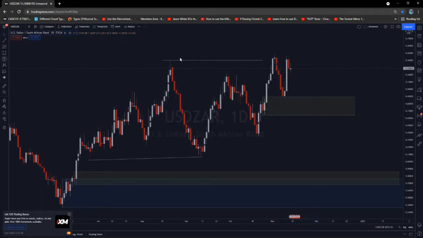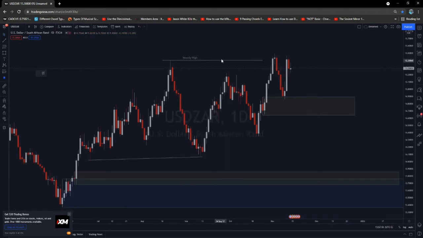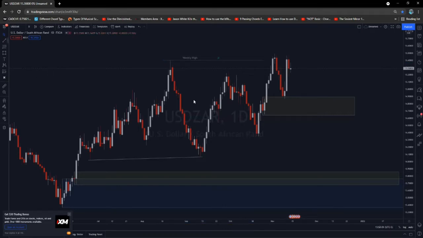Let me just label this as a weekly. Right. You also have this daily area where the market has broken through and it has dropped to take liquidity.